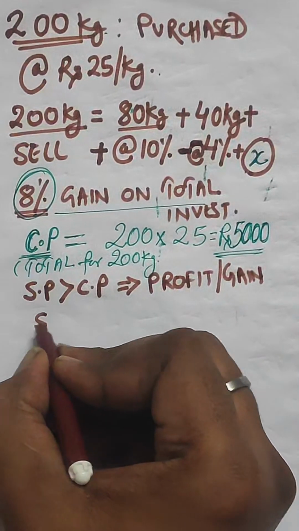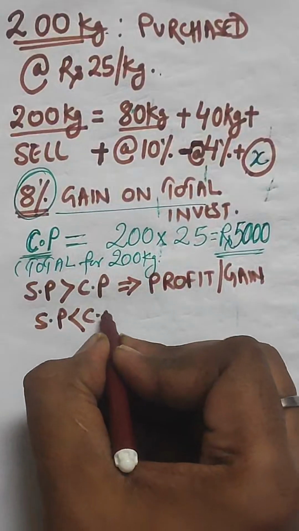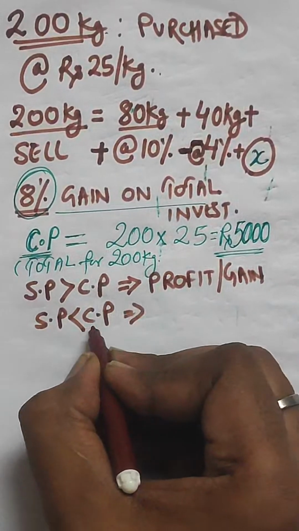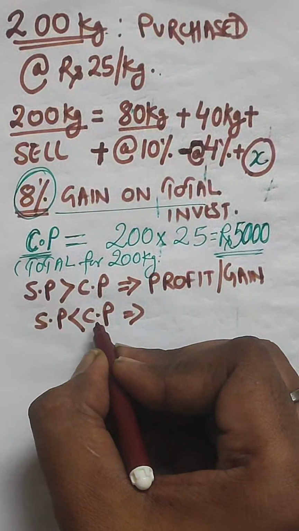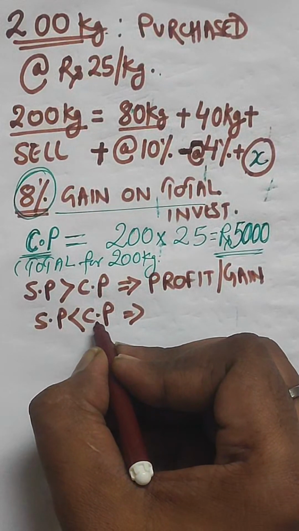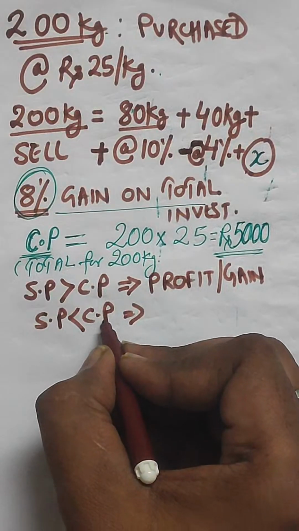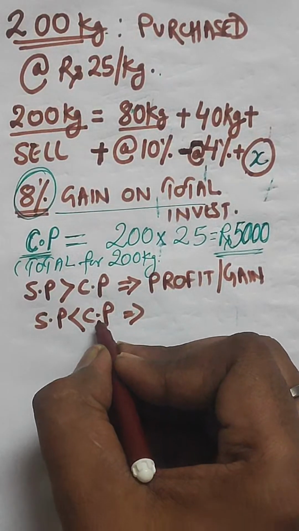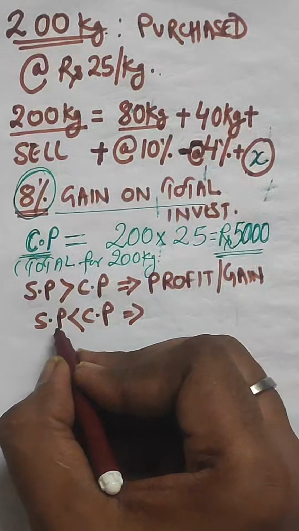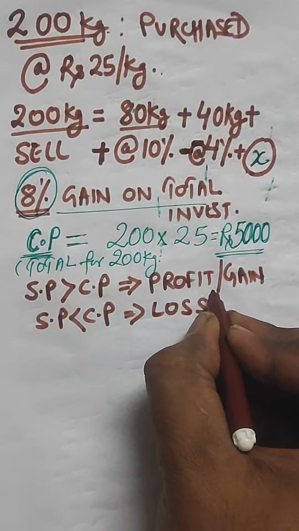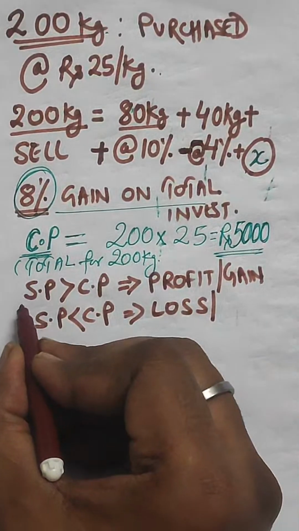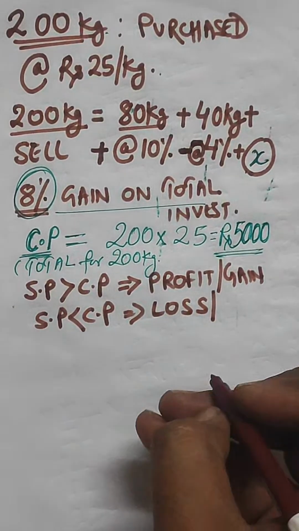Now when sale price is less than cost price, that means when the grocer purchases from the wholesale, that is the cost price, and when this cost price is greater than the sale price and he needs to sell at a lower cost, then he is making a loss, right? In this case loss will happen.